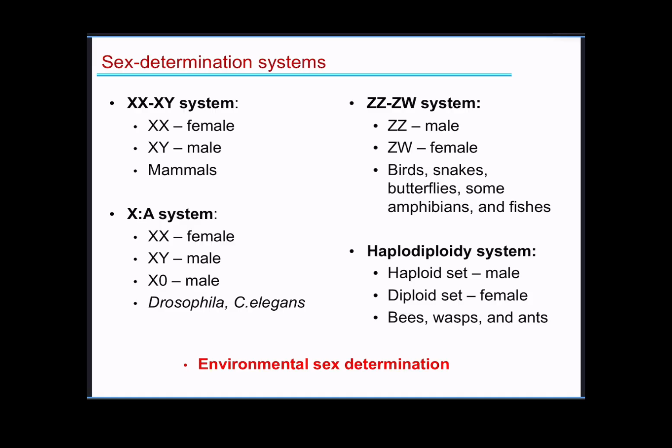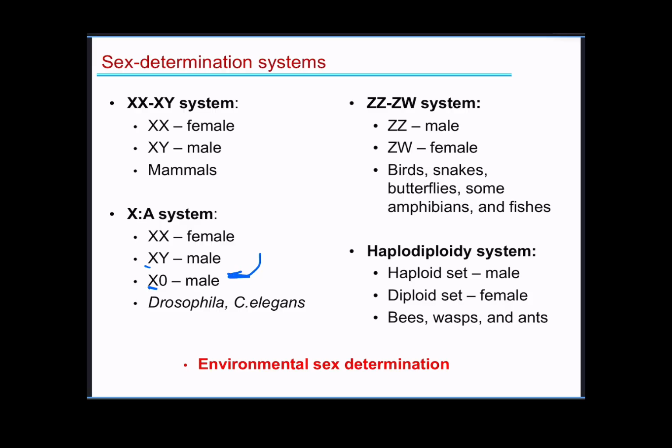And that became apparent when researchers noticed that X0 individuals were not female as you would expect due to the absence of a male Y chromosome, but were instead male because what they had was a half ratio of X chromosomes to autosomes. So in these organisms, what matters is the relative proportion of X chromosomes to the rest of the chromosomes in the animal. And an X0 is like an XY because in both cases you have only one X chromosome relative to all of the other autosomes in the organism. Did that make sense? Cool.